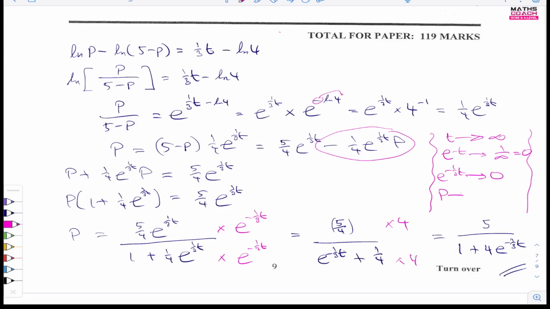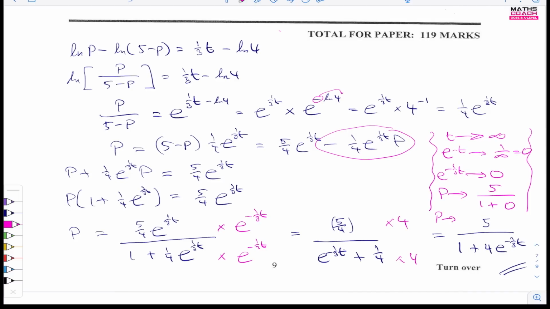So p therefore is going to tend towards 5 over 1 plus 4 times 0, which is 1 plus 0. In other words, p will tend towards 5, but p is measured in thousands, therefore p will tend towards 5,000, hence p will never reach above 5,000.